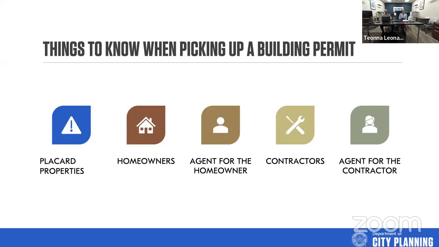Additionally, you have to agree that you will live in that property for 2 years post the date of the certificate of occupancy. So not 2 years post the date that the permit is issued, 2 years post the date the certificate of occupancy is issued.